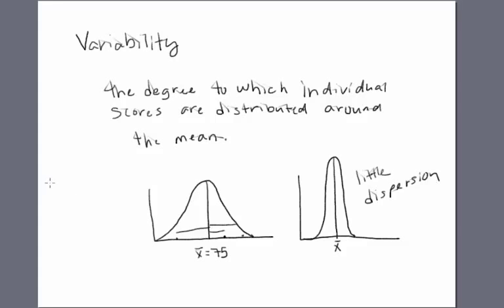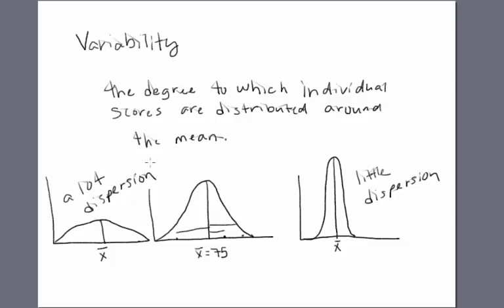However, if we had a set of scores where the distribution was short and fat, that would mean that there is a lot of dispersion or a lot of variability.